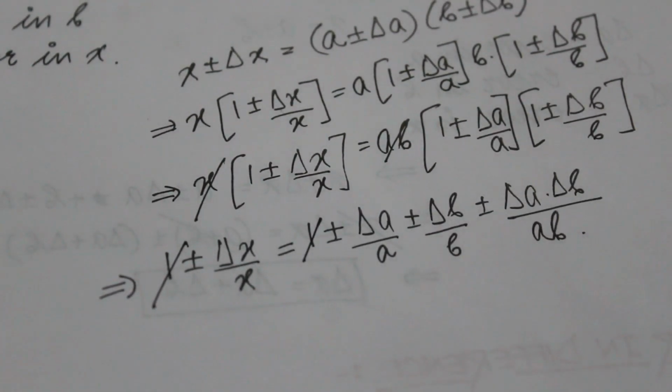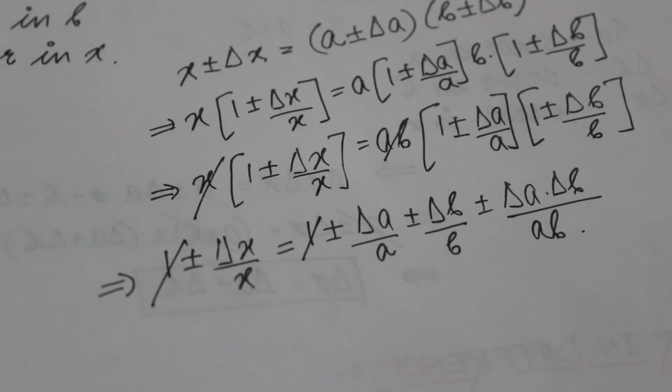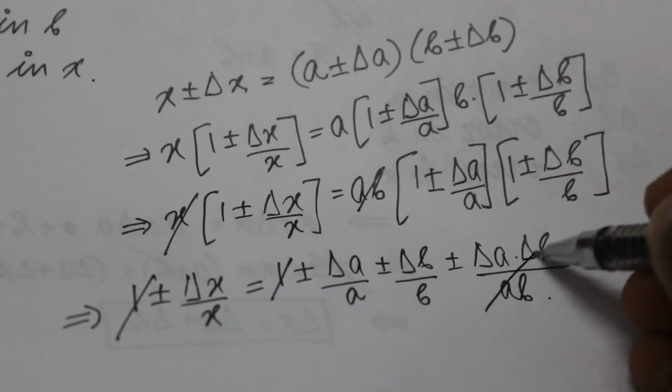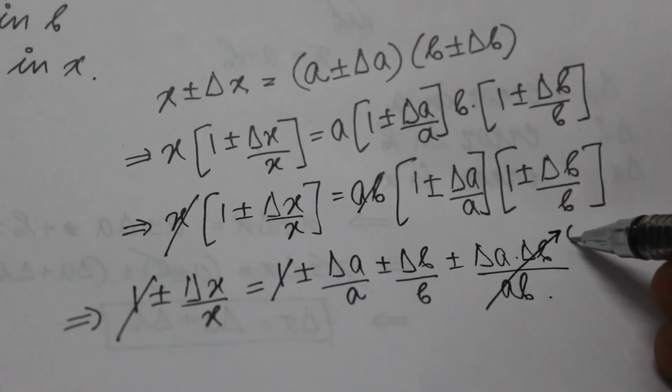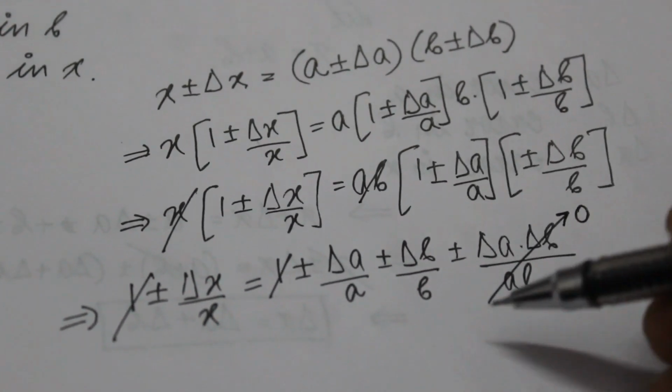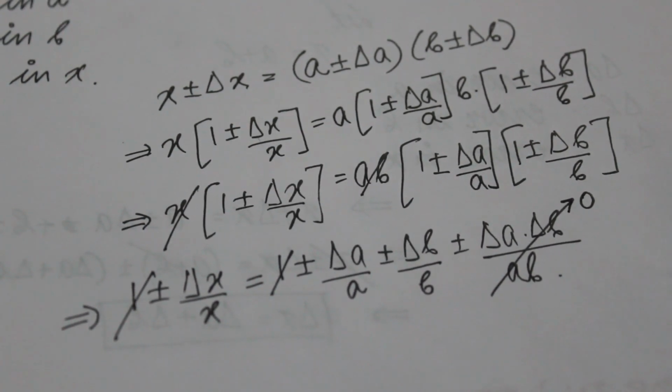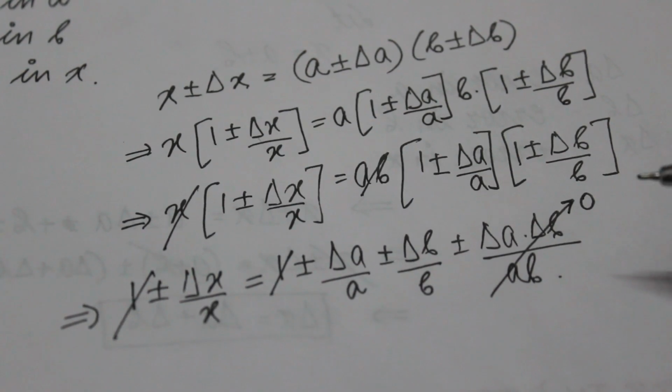Delta a into delta b: already the error is very small, and if we multiply two smaller quantities, we get a further quantity which is much smaller. So what we can do is we can neglect it. So we'll neglect this quantity as it is very small and let it tend to 0. Tend to 0 means it is not exactly 0, but it is very small, so we can neglect it.